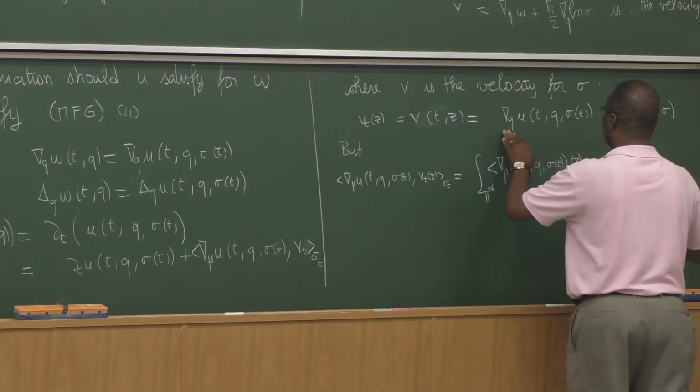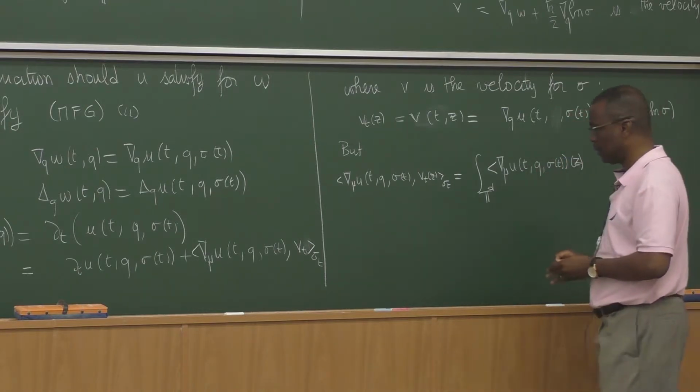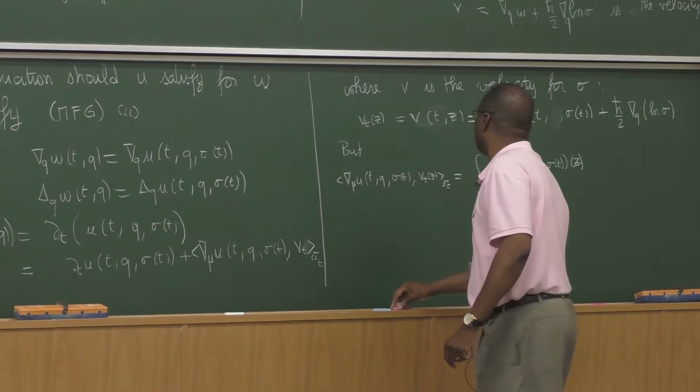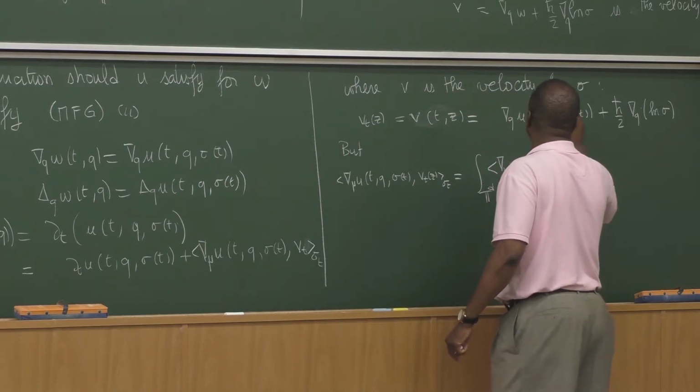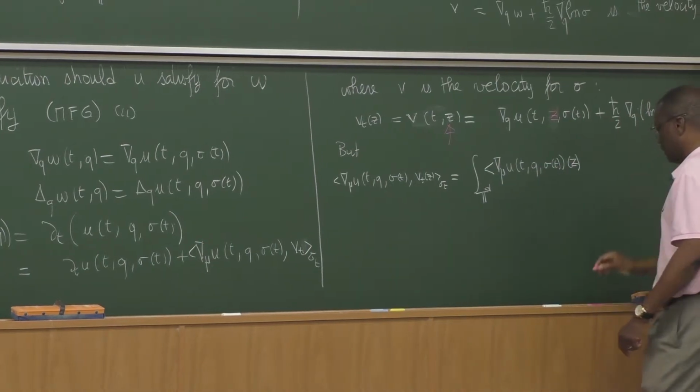V t of z will be, here it will be z, because there I call it z, and the variable here will be z.